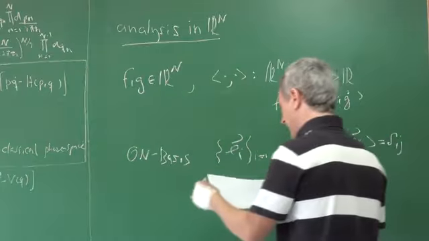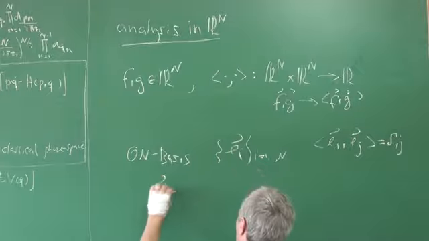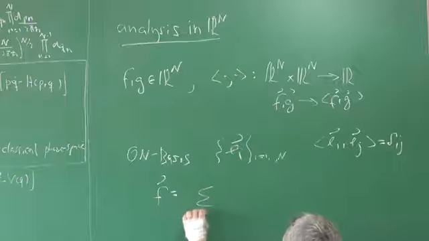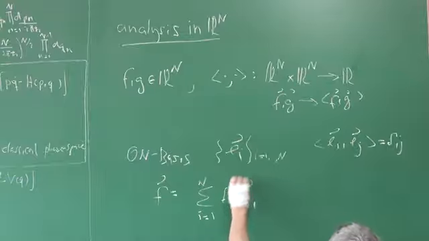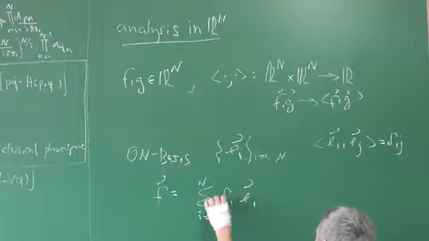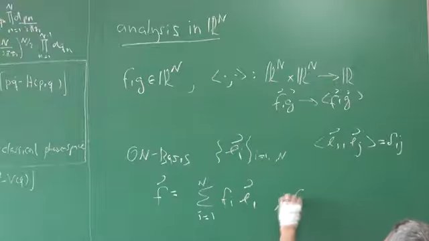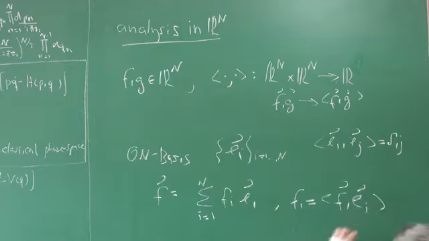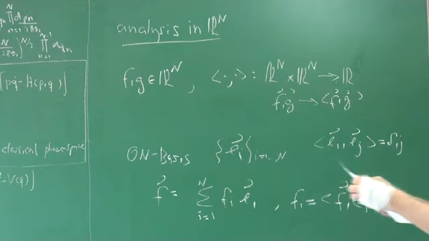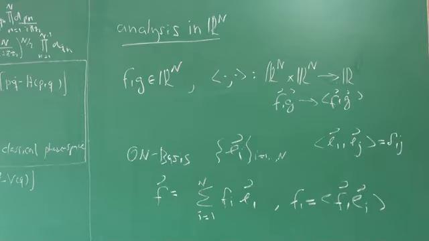And then if we have fixed the basis, we can represent every vector as a linear combination of these basis vectors, f = sum of f_i e_i, and the coefficient f_i is just given by the scalar product of f with e_i.